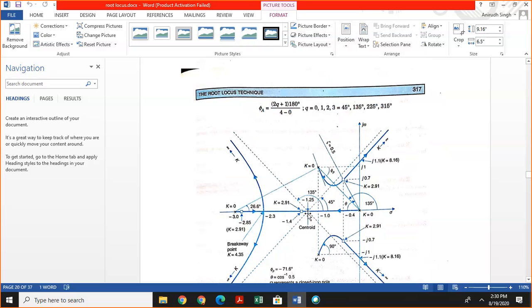The crossing point of these asymptotic lines is minus 1.25, and this is the centroid. These two roots are simply real roots, but the remaining two roots are complex. So for the complex roots, we have to calculate the angle of departure.